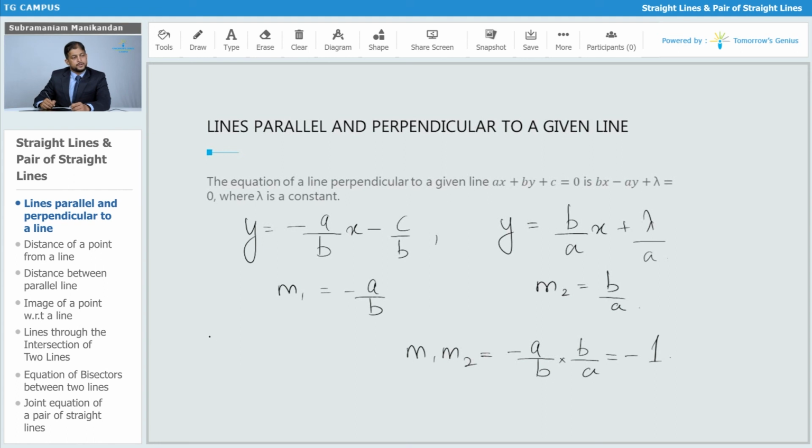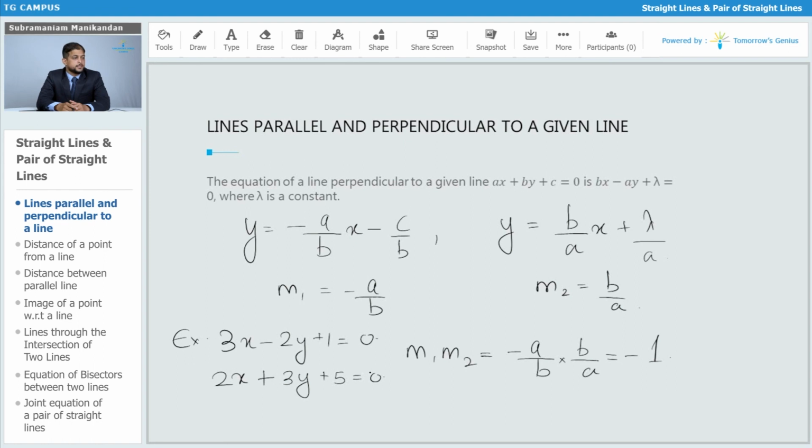So actual examples would be of the form 3x minus 2y plus 1 equals 0, and 2x plus 3y plus 5 equals 0.